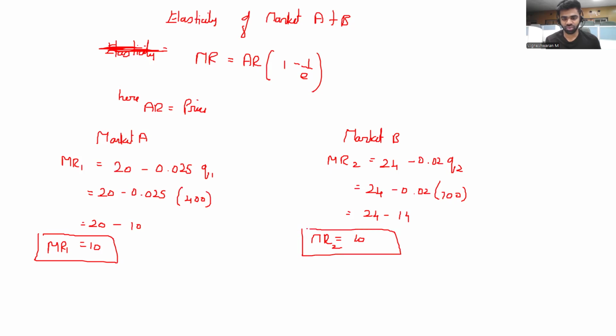Now we will calculate the elasticity for the different markets. For market A, MR1 is equal to AR1 into 1 minus 1 by E1.